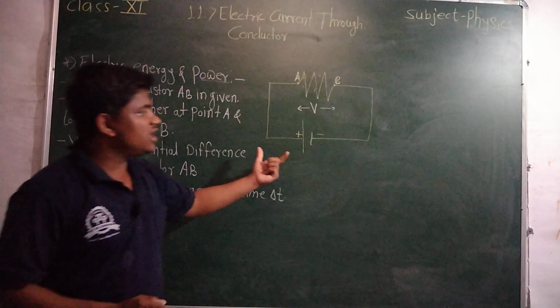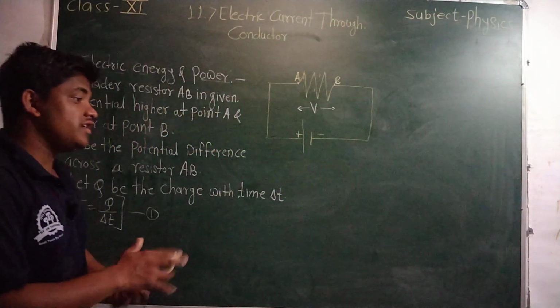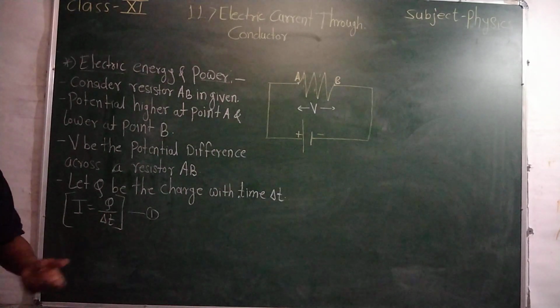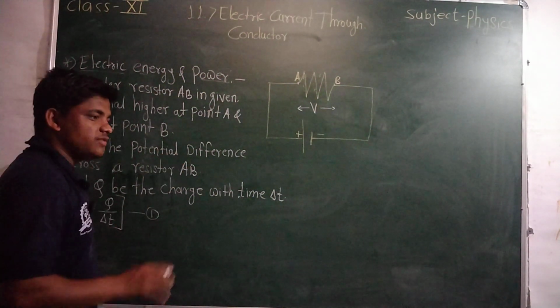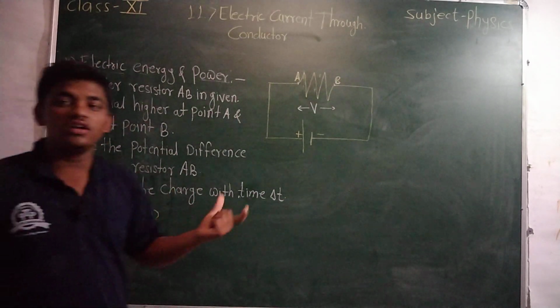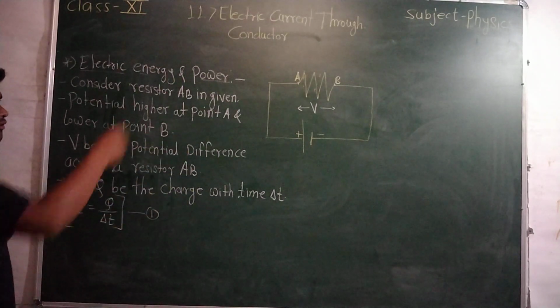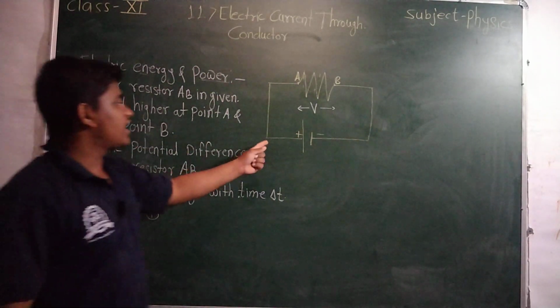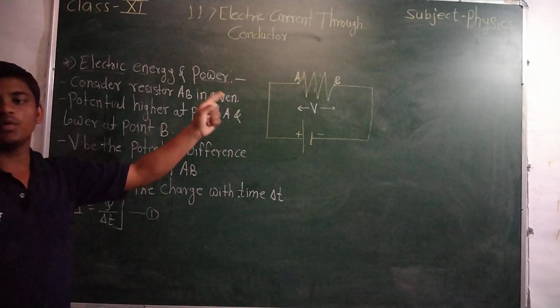Now we know about potential difference and the flow of charges. In the previous lectures we started the discussion of Ohm's law, where I told you what potential difference is. Potential difference is the work done per unit charge. Work is done here because the charge q flows in the given circuit.